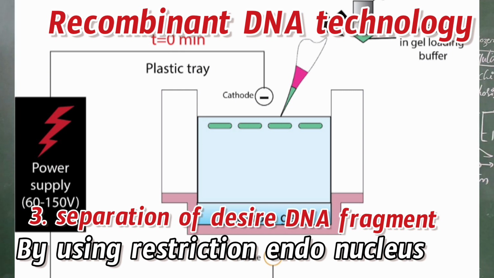By using gel electrophoresis. Gel electrophoresis means by using gel, we separate the wanted DNA. Look here, we insert this sample into the gel, which has wells, and we subject this gel to an electric field.